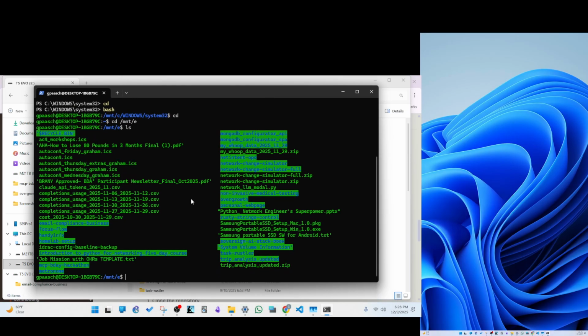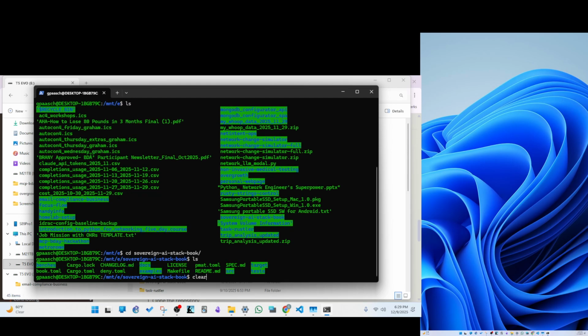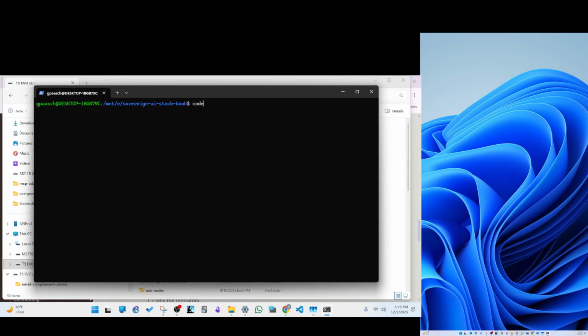I thought I put it down to there. Perhaps not. Oh, there it is. Yeah, cd sovereign. There we go. Now I can open VS Code here. There we go.